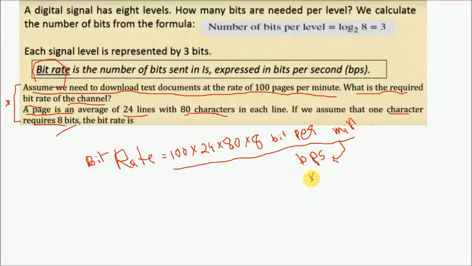From bps you can convert it into kilobits per second, kbps, or megabits per second, Mbps, or if the number is very high, then you can also convert it into Gbps. So all these are the units of bit rate: bits per second, kilobits per second, megabits per second, and gigabits per second.